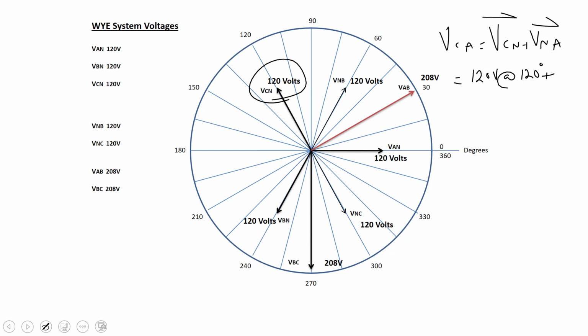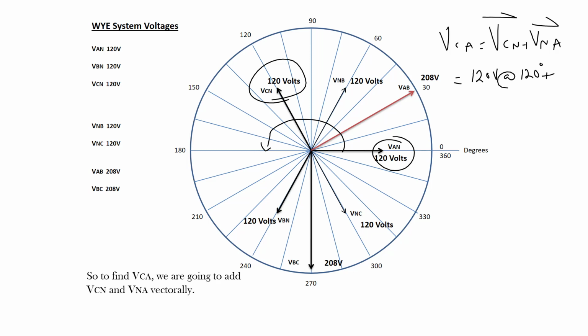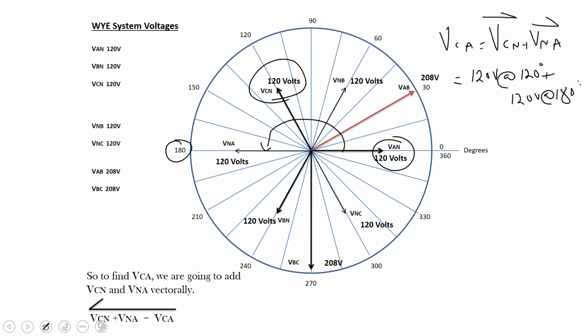Well, where's that? Voltage AN is right here. I need voltage NA, so it's 180 degrees opposite of AN. So I plot that out, and there it would be. Voltage NA is 120 volts at 180 degrees.